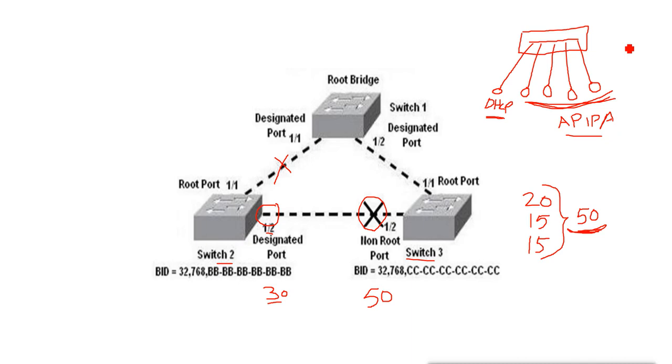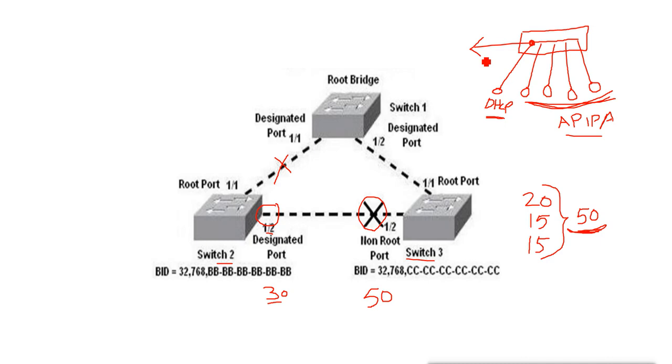For that reason, we can take the port which is connected to some kind of server or some important machine, and instead of disabling STP, we can configure this port as a port fast. So what will port fast do?